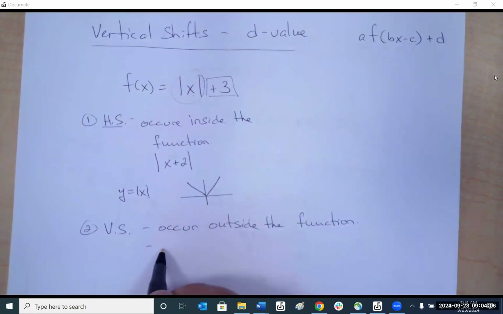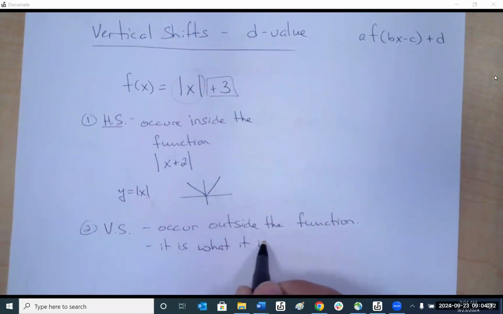And for vertical shifts, it is what it is. In other words, if it's positive, it shifts up. If it's negative, it shifts down.